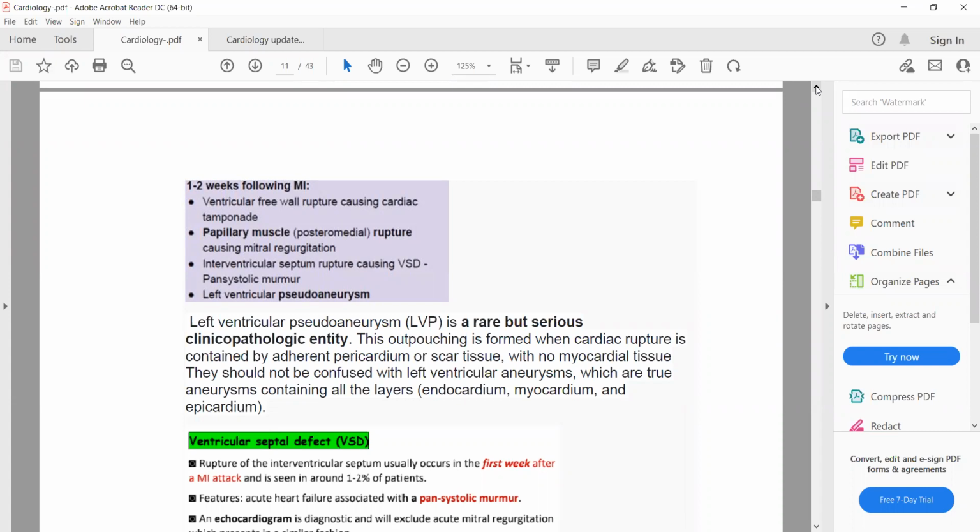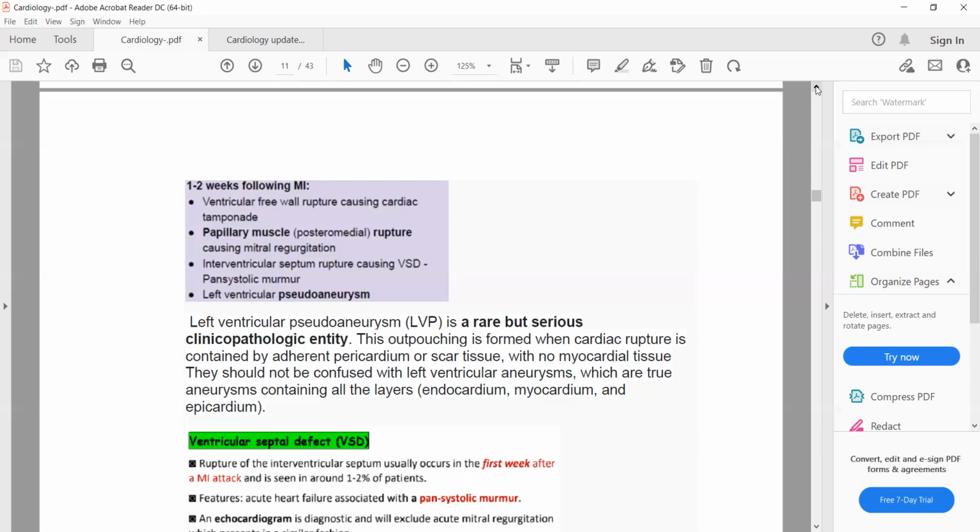But in left ventricular pseudoaneurysm, it's not due to outpouching of the cardiac musculature. It's due to accumulation of blood in a pouch around the pericardium. That's why it is called pseudoaneurysm, because it does not contain any cardiac or myocardial tissue. It's basically blood.